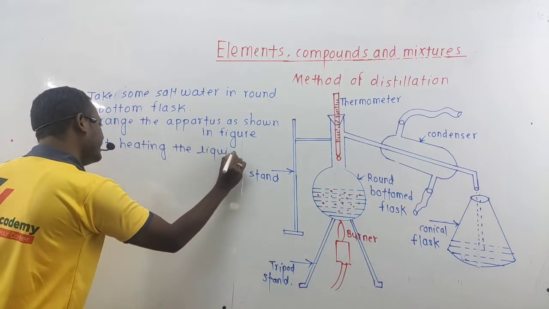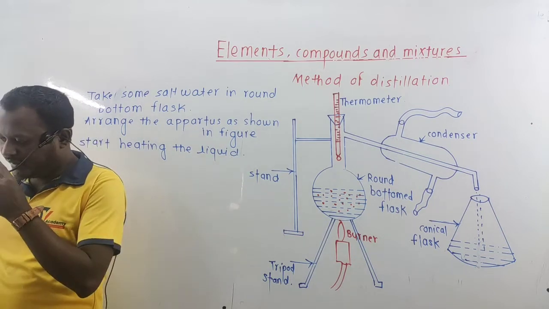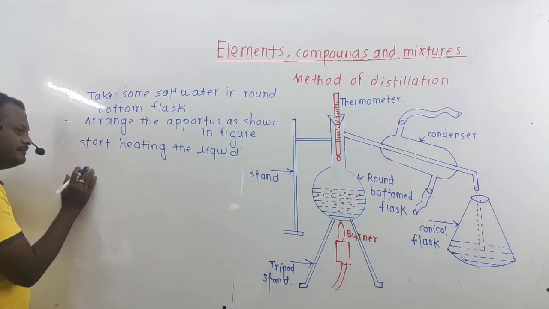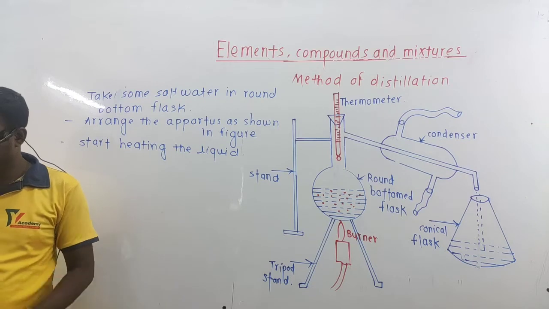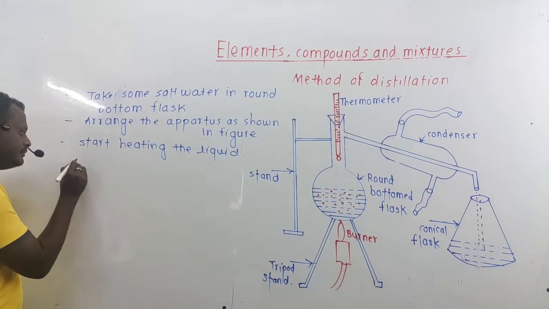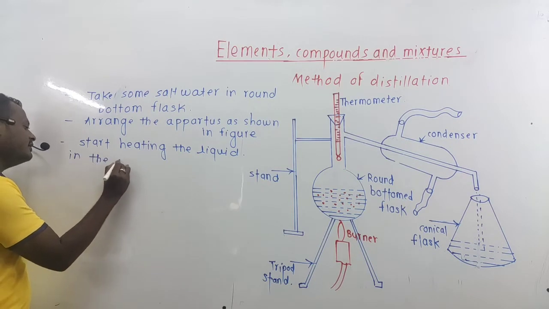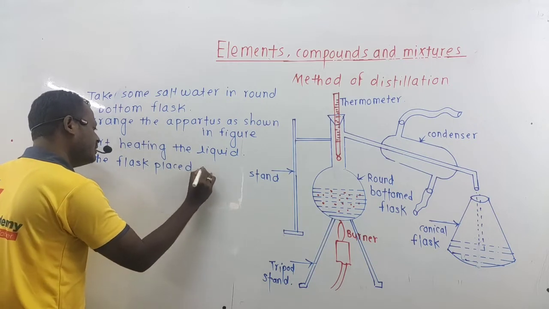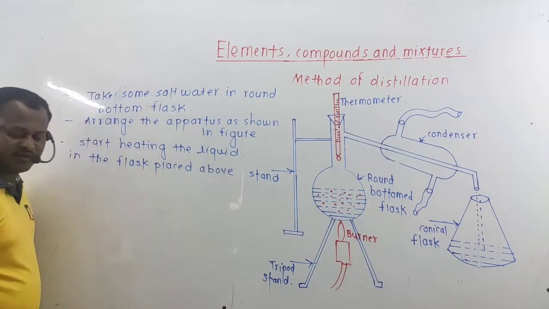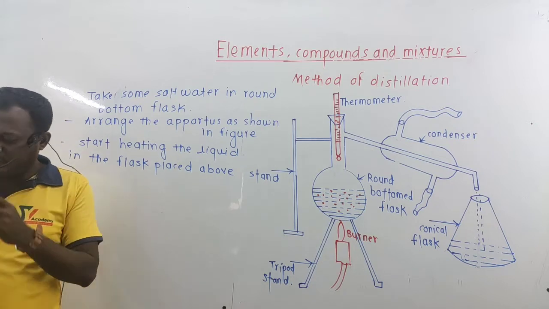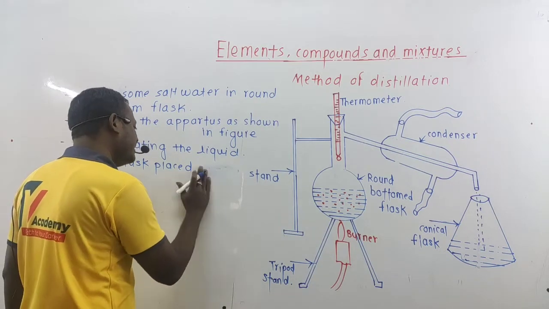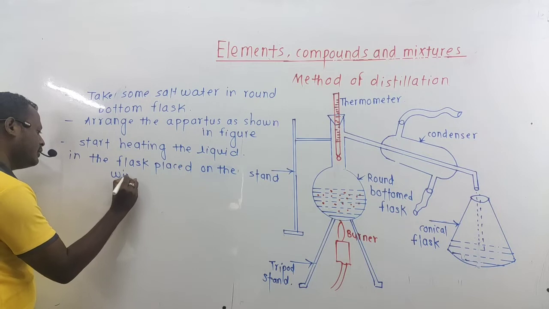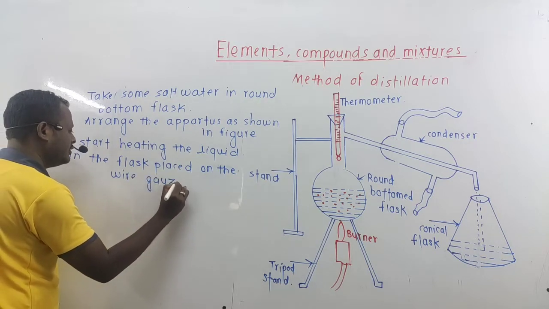Start heating the liquid in the flask placed on the wire gauze.